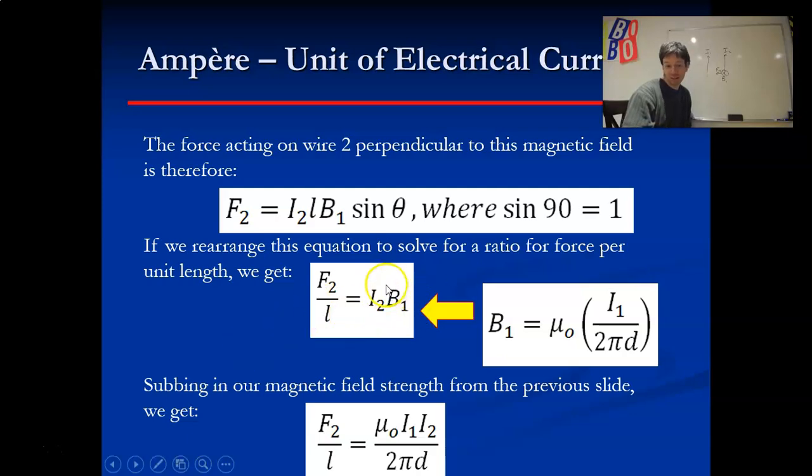And we're going to substitute the magnitude of that B from Ampere's law. When we do that, we get this equation: the force per unit length on wire 2 is equal to our permeability of free space times the current in both wires divided by 2 pi times the distance between the wires.